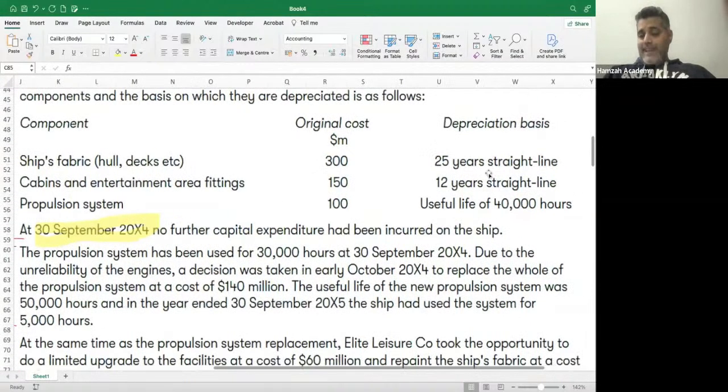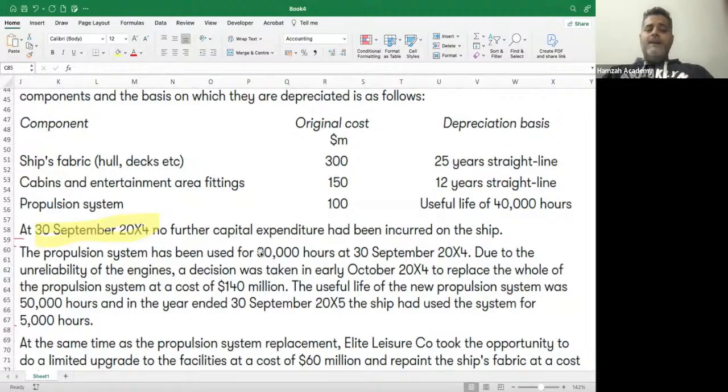And look over here, for the engines the useful life is 40,000 hours, right? That is the total life. And if I look at the very start of the next paragraph, the propulsion system has been used for 30,000 hours at 30th September 24. So out of 40,000, 30,000 hours have been used by the engines, right?